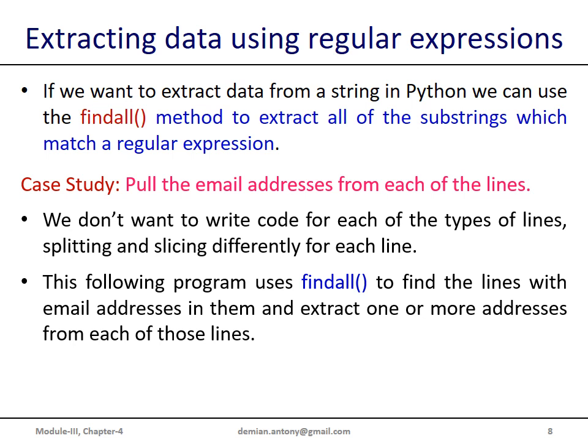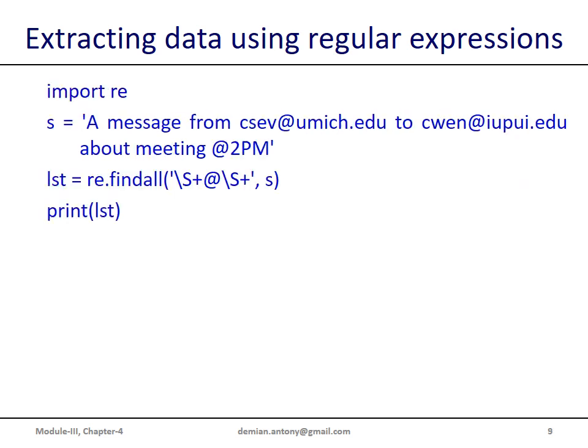Let us consider all these cases, and we write a simple program to recognize an email address. Here is a simple program which extracts the email IDs from a given string. Assume that we have a string like this, a message from a source email ID to the receiver with the timing and etc. And how to retrieve these two email IDs.